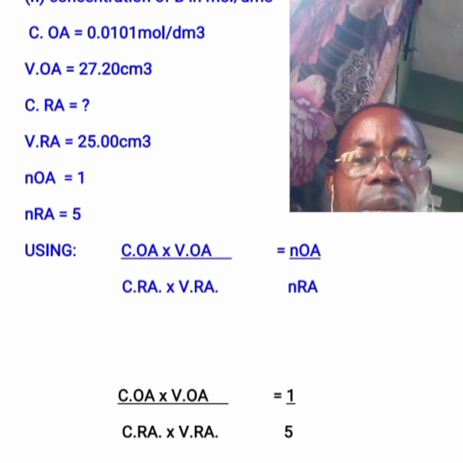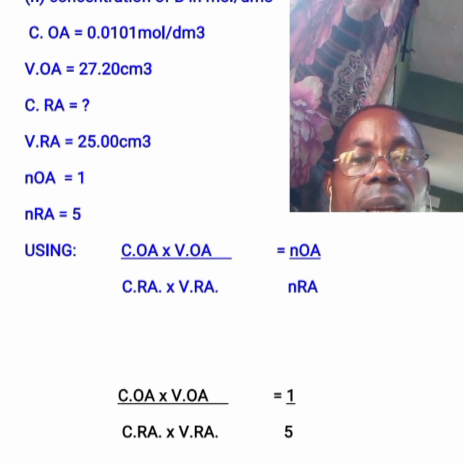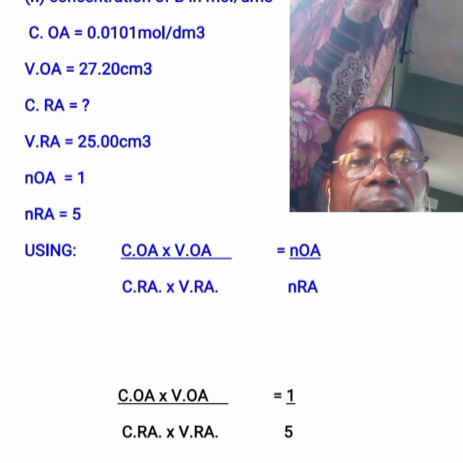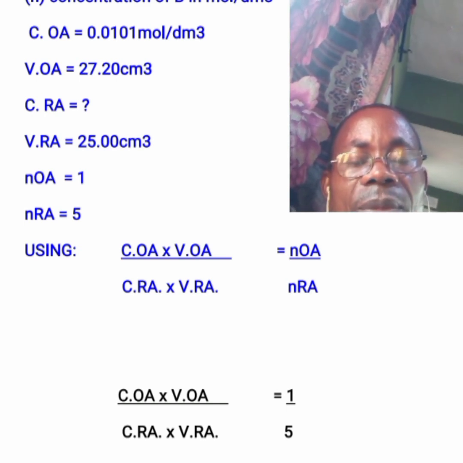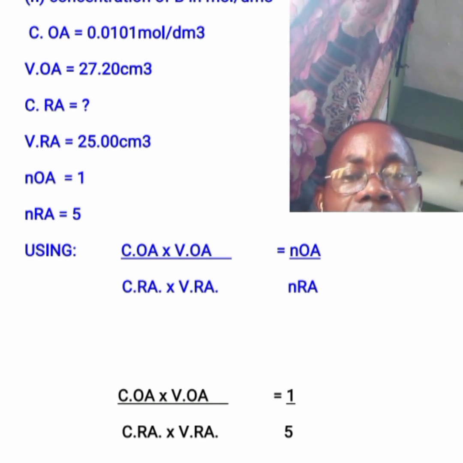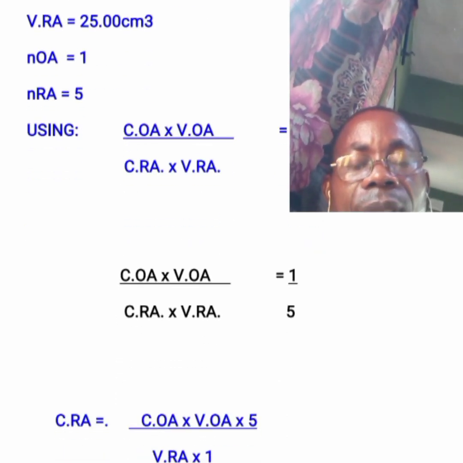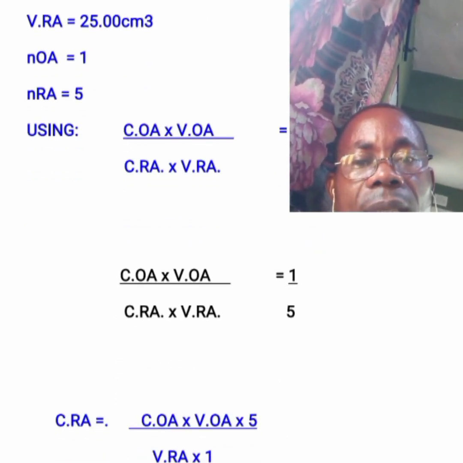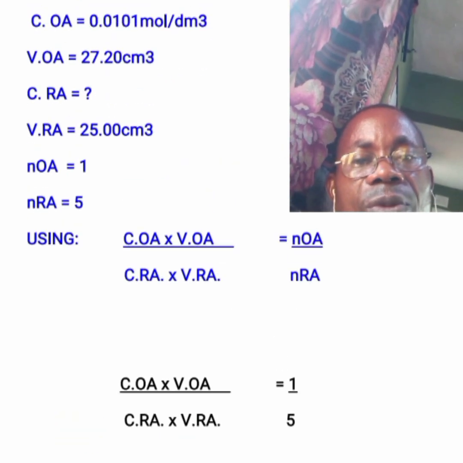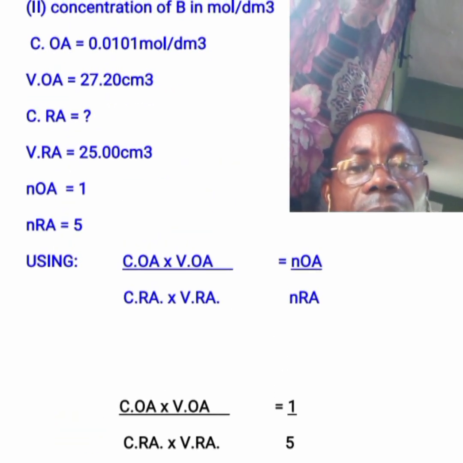Then we substitute the values for NOA and NRA from the balanced equation.